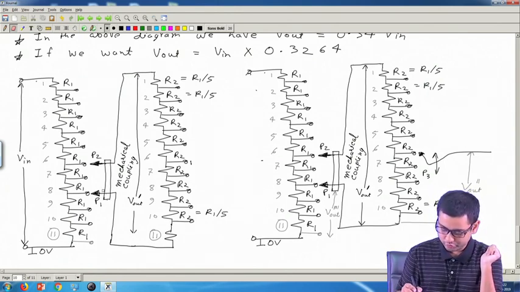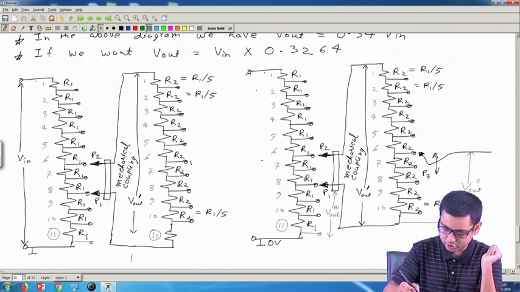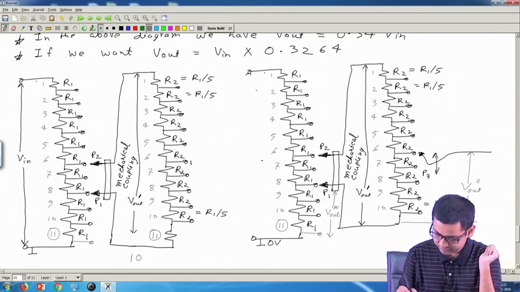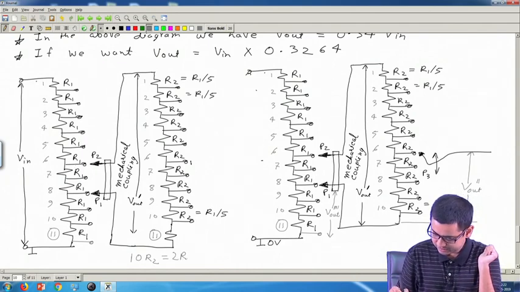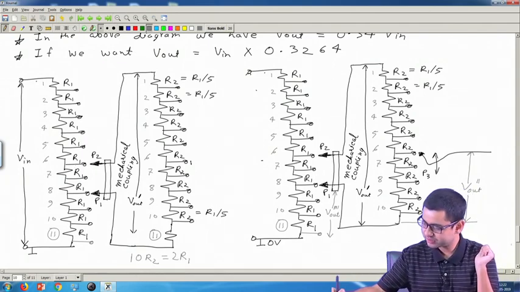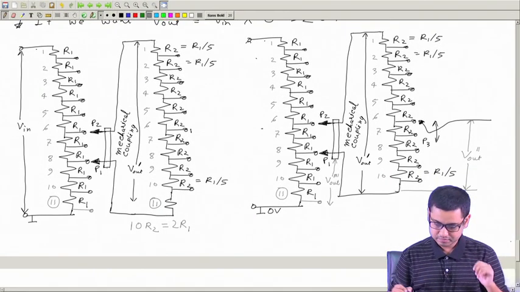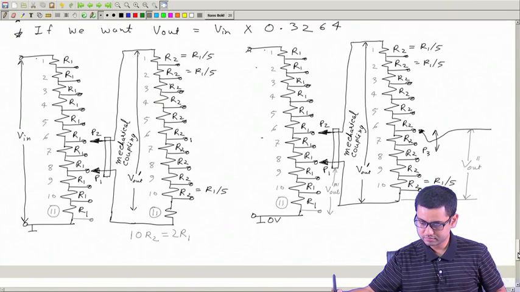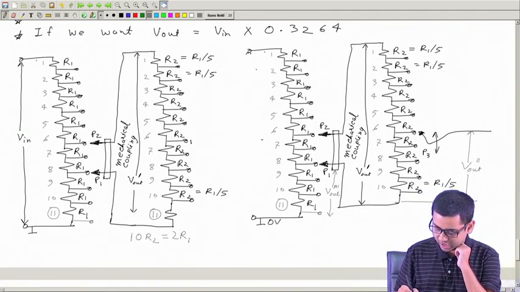So therefore, we want 10 R2 the same as 2 R1, which means R2 is R1 by 5.